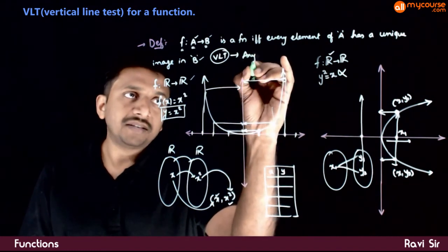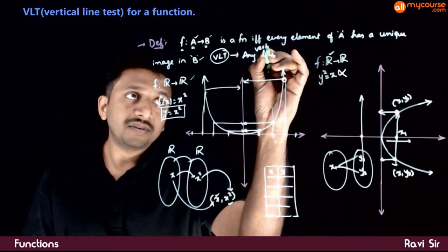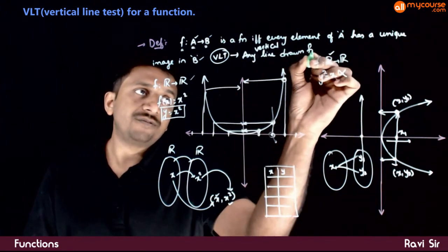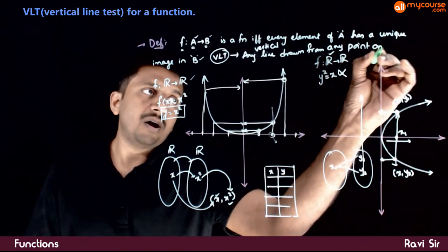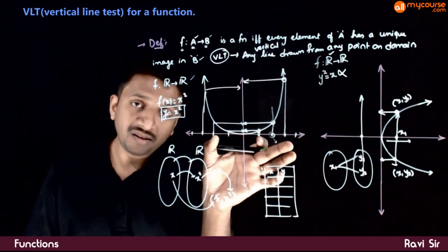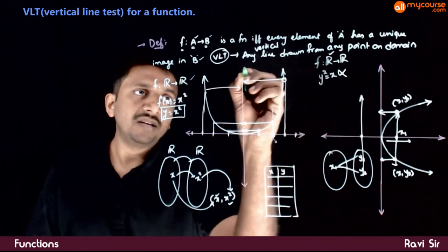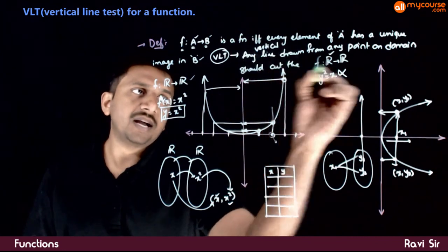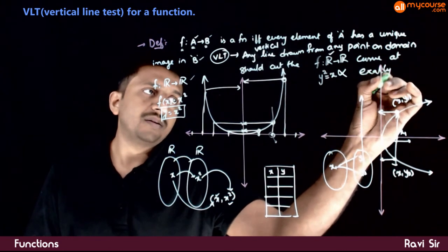Any vertical line drawn from any point on the domain, that means from any point on the domain on the x-axis, should cut the curve at exactly 1 point.